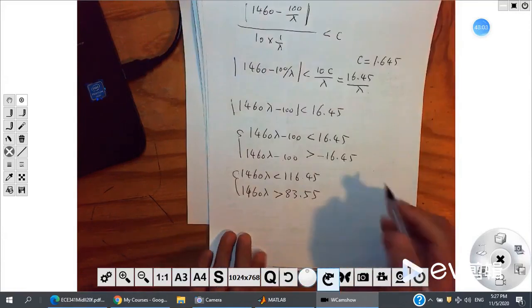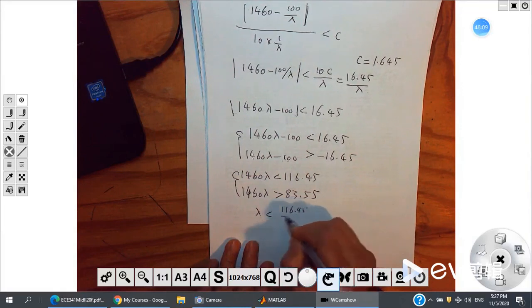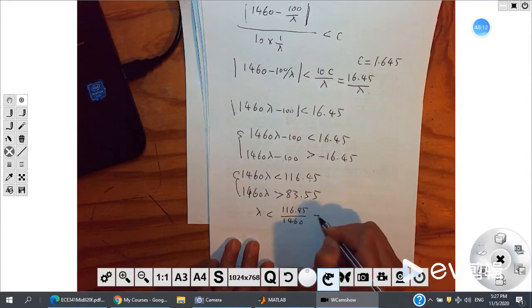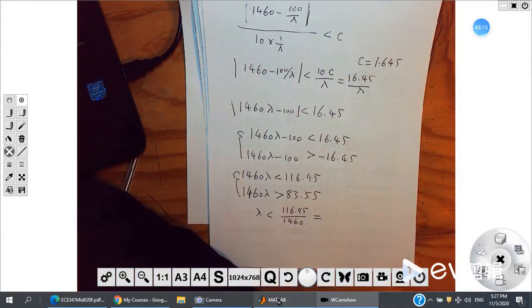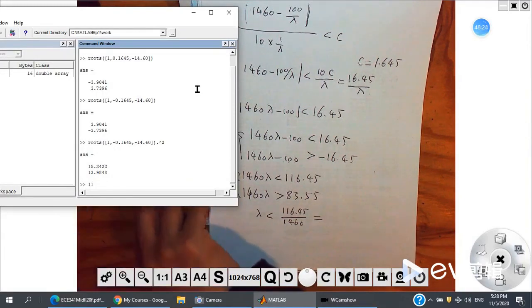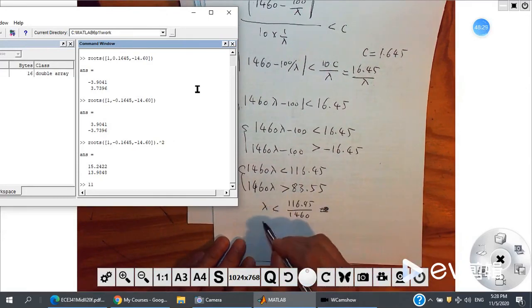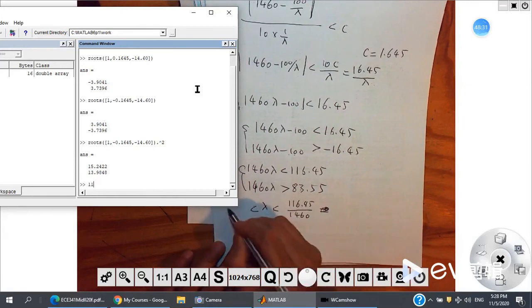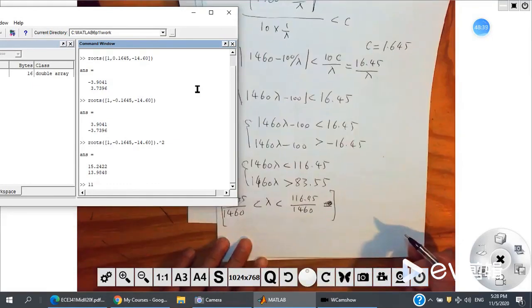Now we have it. So lambda is smaller than 116.45 over 1460, which will be some number. I just leave it here. And it is larger than 83.55 over 1460. Okay, so this is the interval.